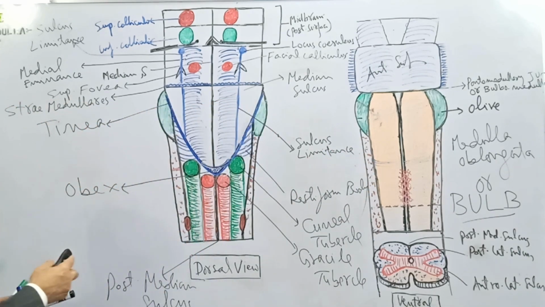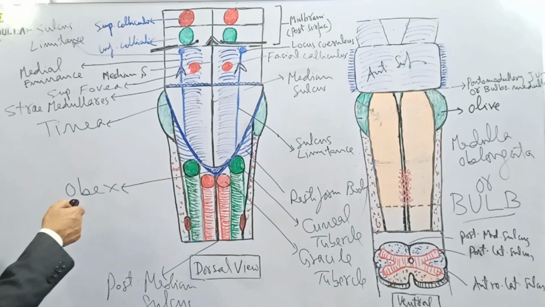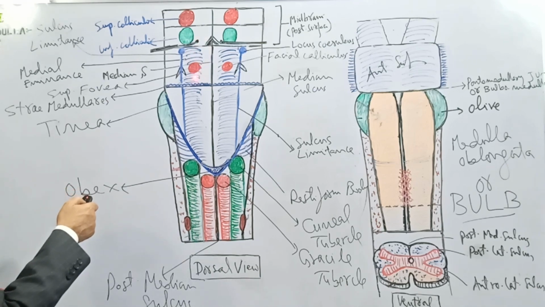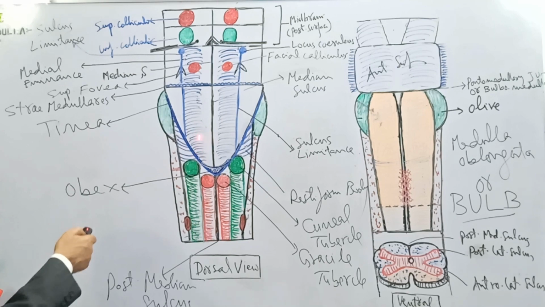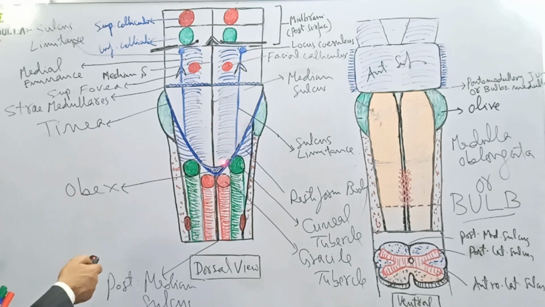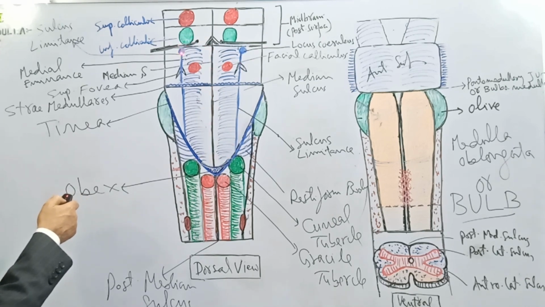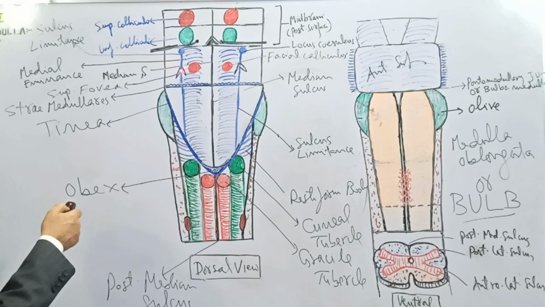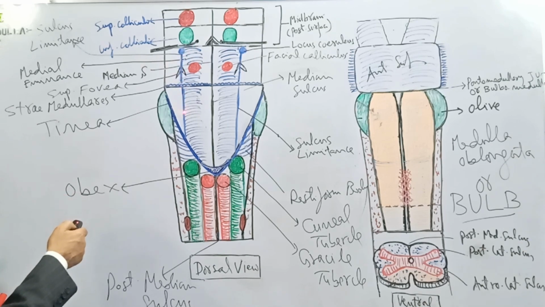Thus, the medial eminence of the pons is continued as the medial eminence of the dorsal surface of the open part of the medulla oblongata on the right side and left side. And second, the sulcus limitans on the dorsal surface of the pons is continued as the sulcus limitans on the dorsal surface of the open part of the medulla oblongata.